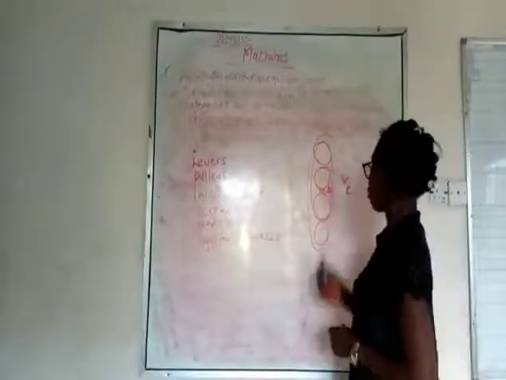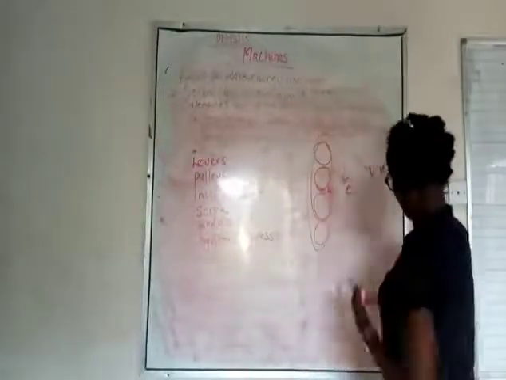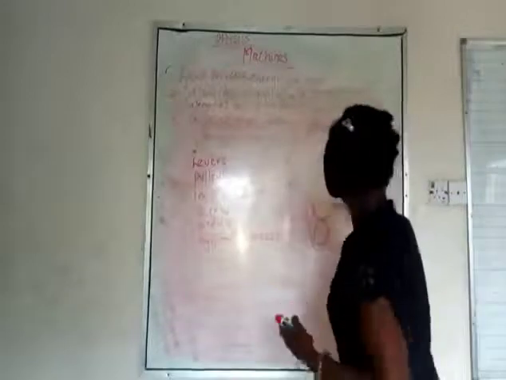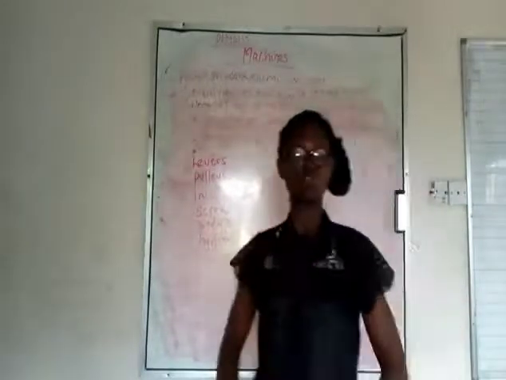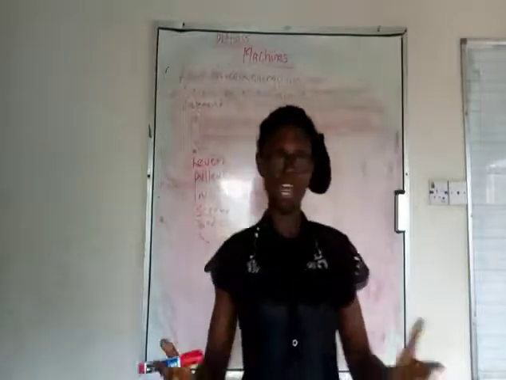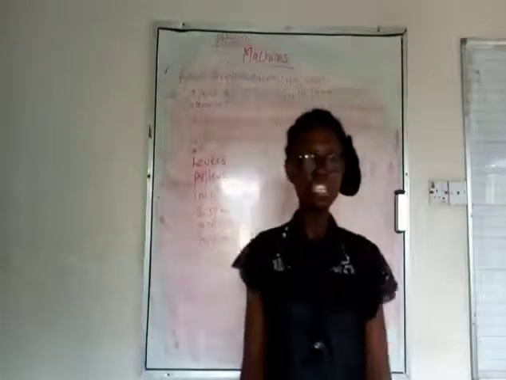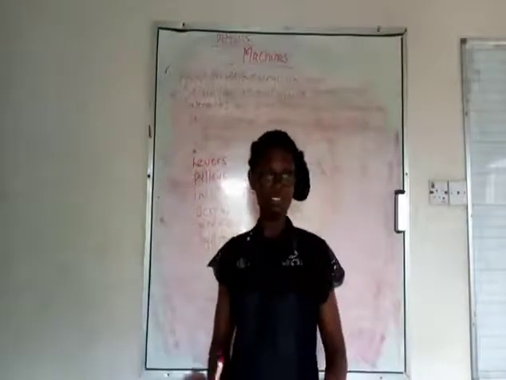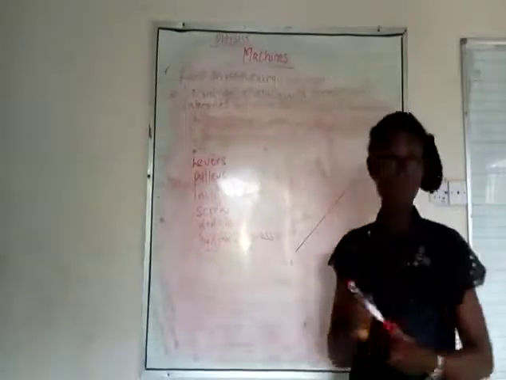Alright, so we go to what we call the incline plane. A typical example of this is when you know that on your own you cannot carry a drum of water. You cannot carry it. But you can help yourself by using an incline. You take a plank.